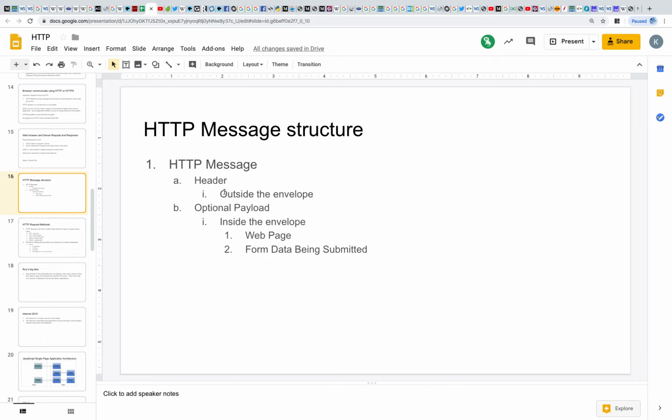That's information about where it is going, what type of request it is, what's the status of the request. Then you have the payload, which is what's inside the envelope. That's inside the message: the web page, or data for a form being submitted, or JavaScript object notation. It's whatever data is being sent in the message. So the header is on the envelope. That tells it how to get where it's got to go, and then inside the envelope is whatever is going to be done.